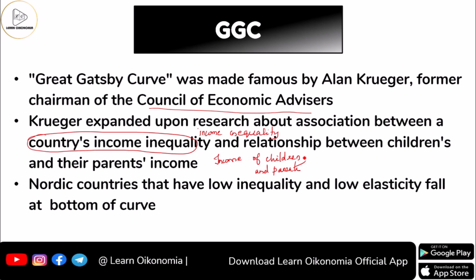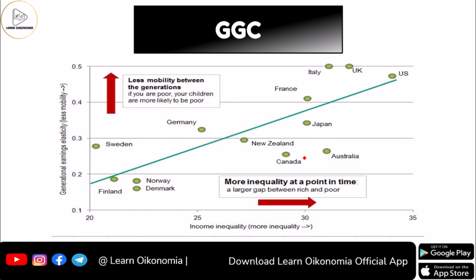As per this concept of the Great Gatsby Curve, some Nordic countries have low inequality. And for the very same reason, these economies have a low tendency or low elasticity to fall at the bottom of the curve.